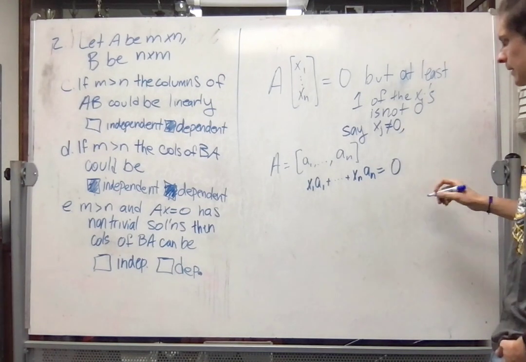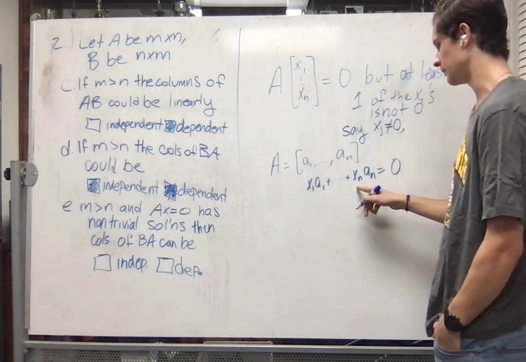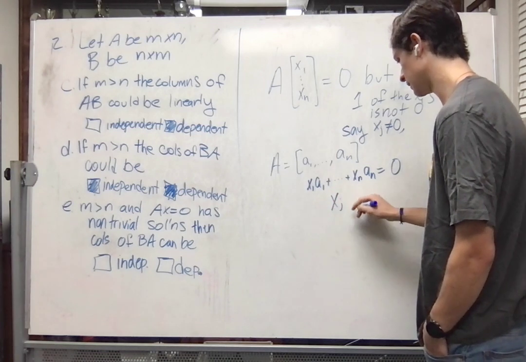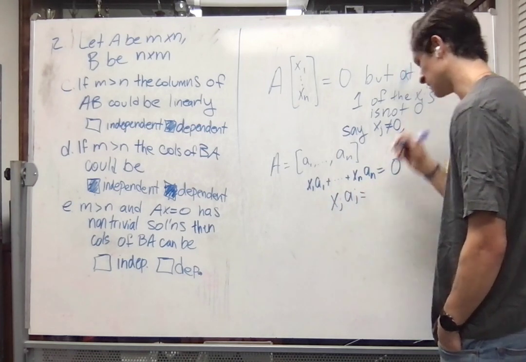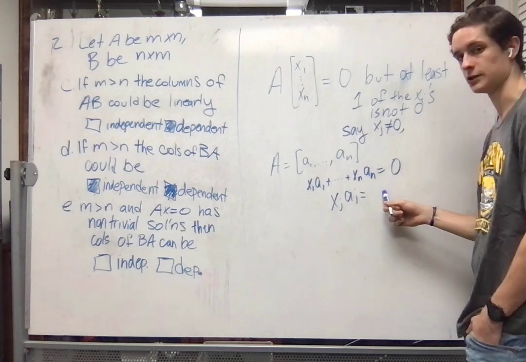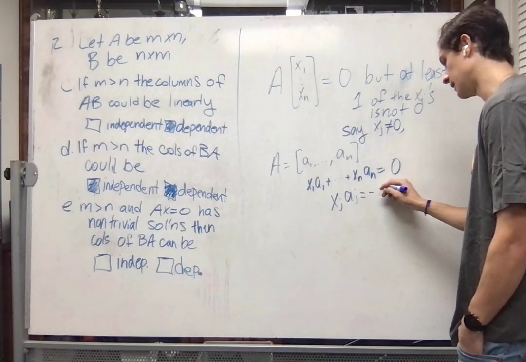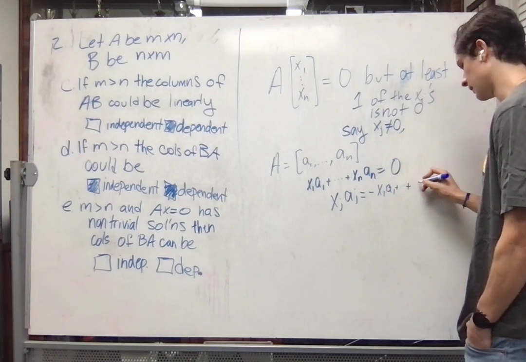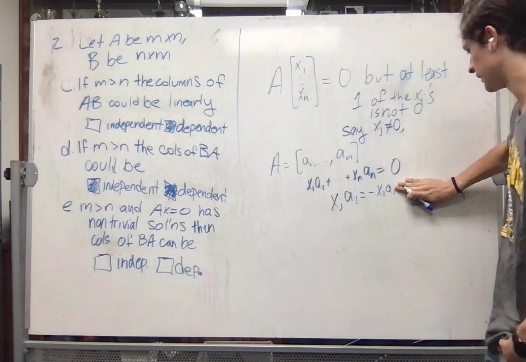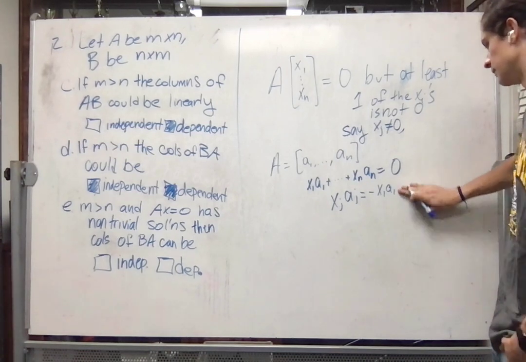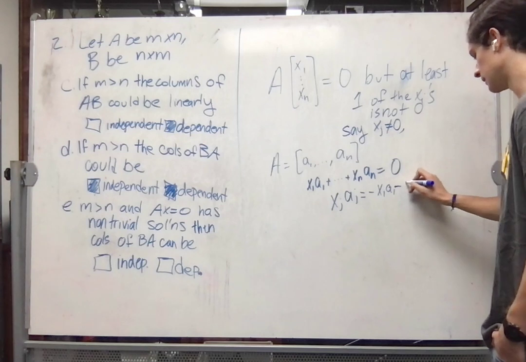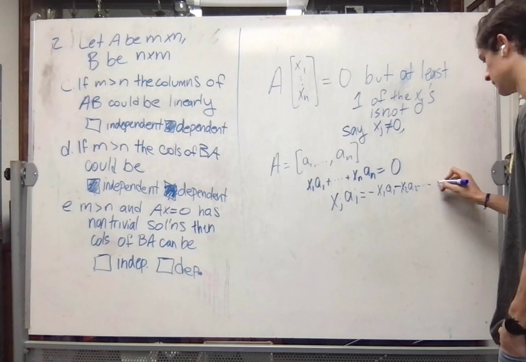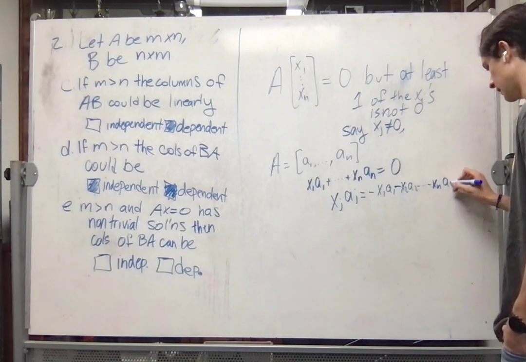So we can isolate that xj and say xj Aj equals, and then move all of the other terms to the other side: negative x1 A1, sorry, these should be minuses because we moved them over, minus x2 A2 minus ... minus xn An.